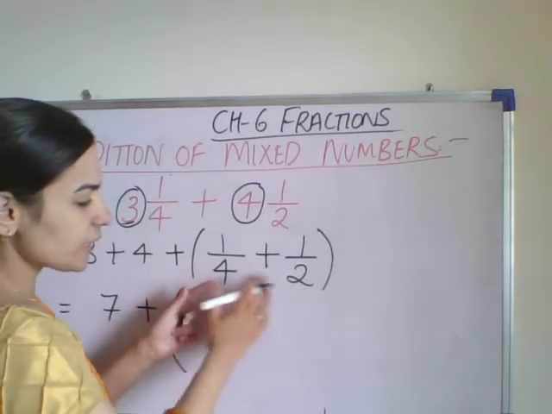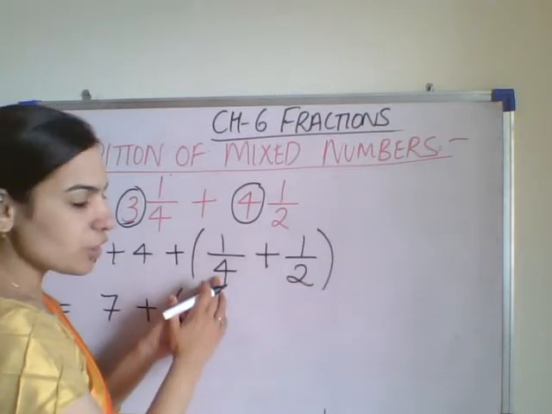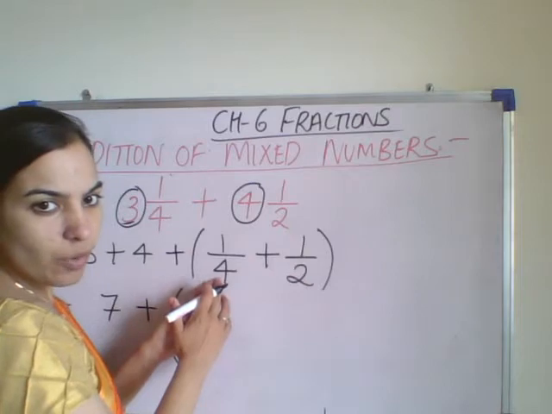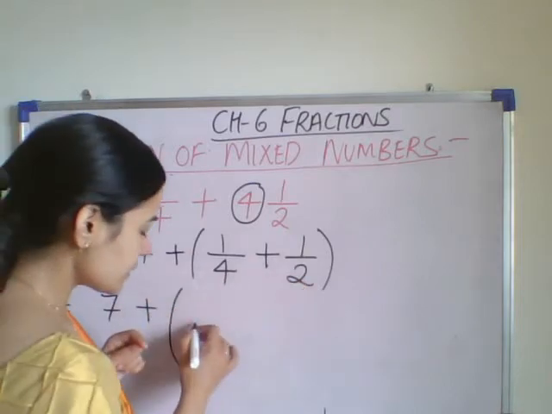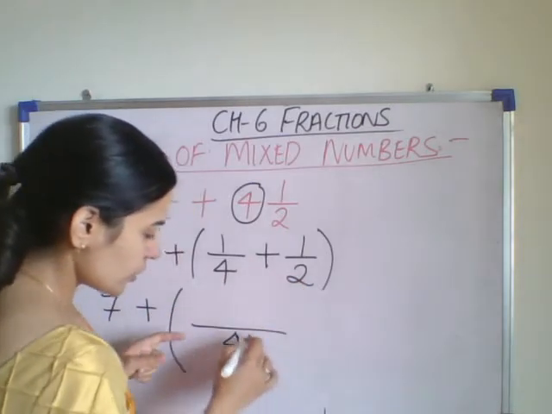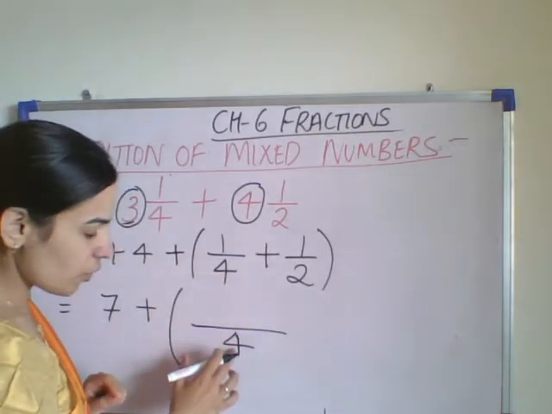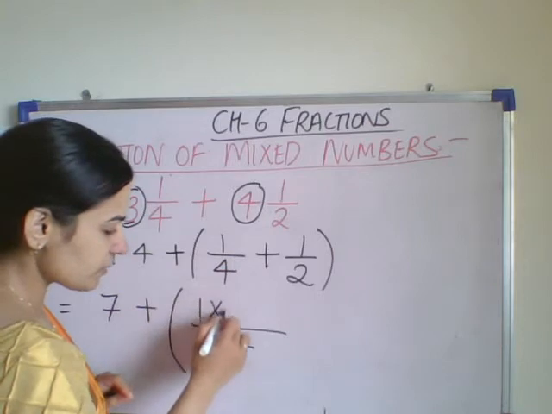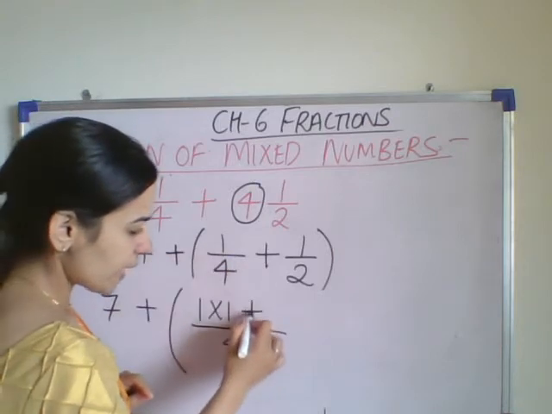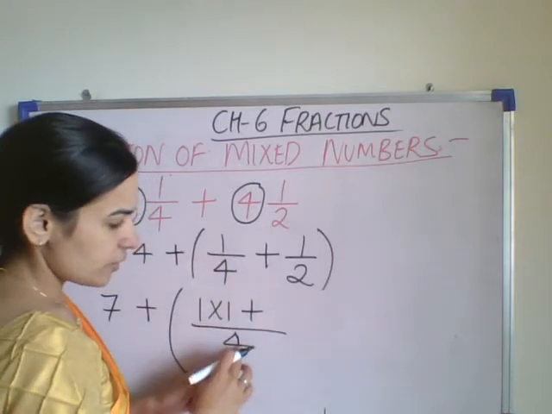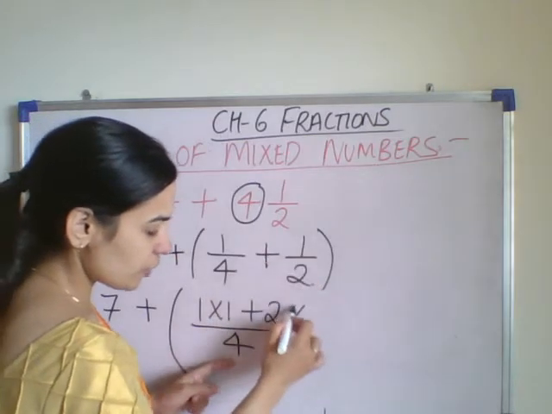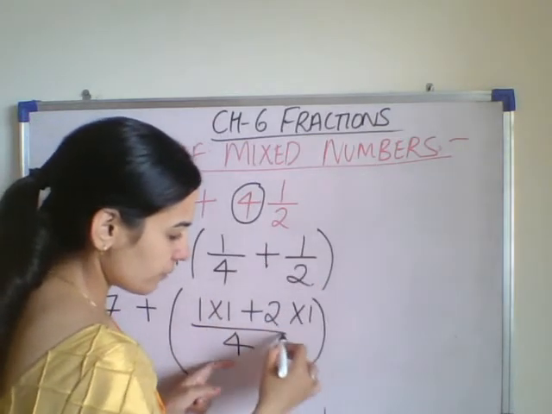So how will you add these two fractions? First of all, you will find the LCM of 4 and 2. The LCM of 4 and 2 is 4. So 4 divided by 4 is 1, and you will multiply this with the 1, plus 4 divided by 2 is 2, you will multiply it with the 1.